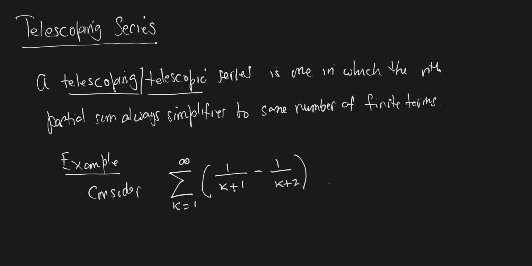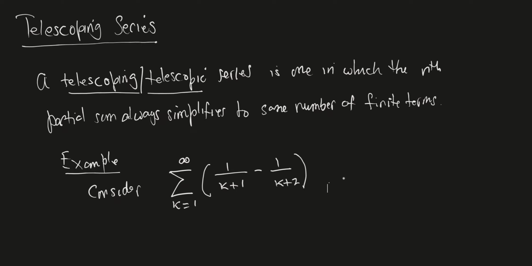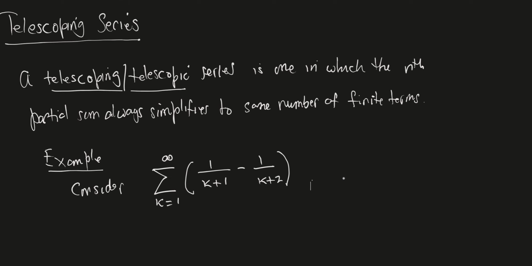So let's take a look at what this series would look like if we wrote out the first few terms. And again, I'm not going to do too much in terms of simplifying. I'm just going to write out what those terms are. The first term is when k is equal to 1. Well, when k is equal to 1, this denominator is 2, and then this denominator is 3.